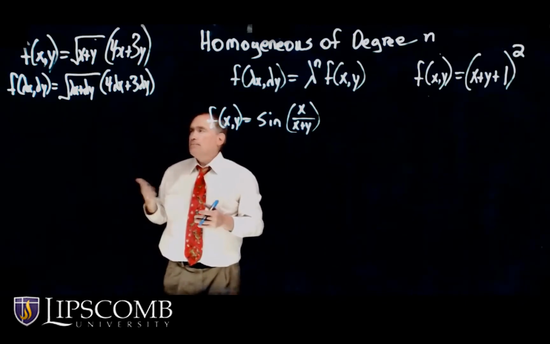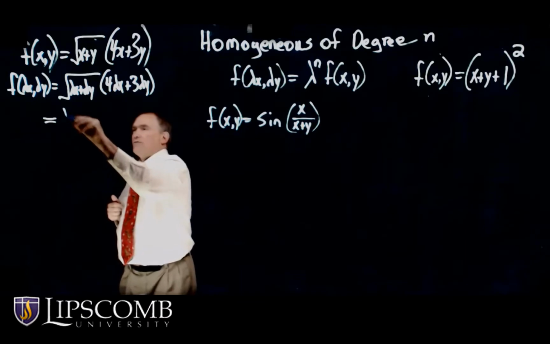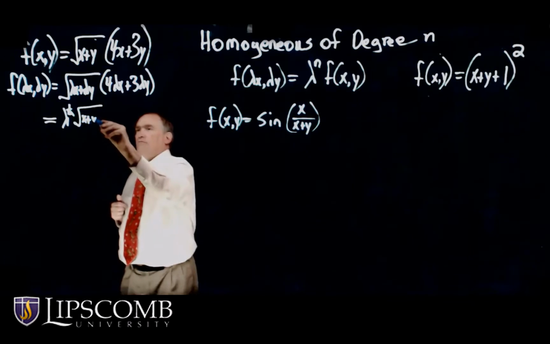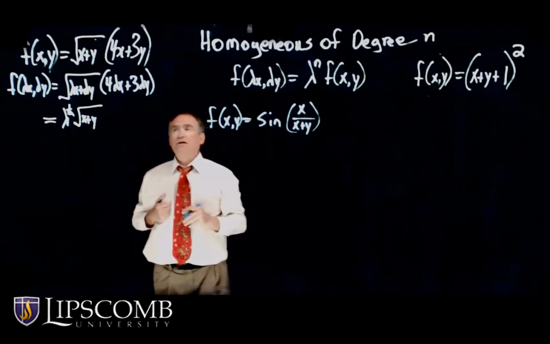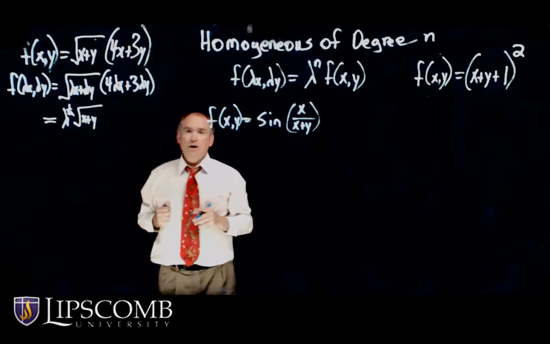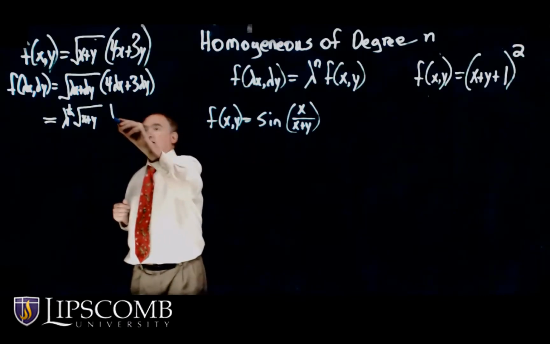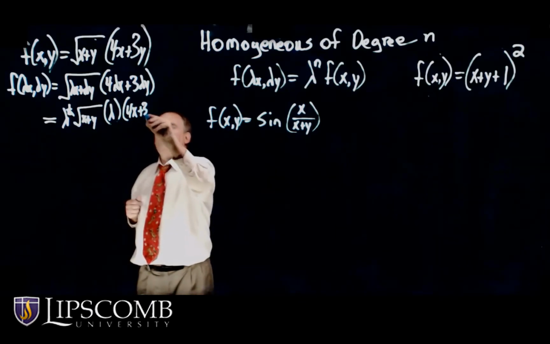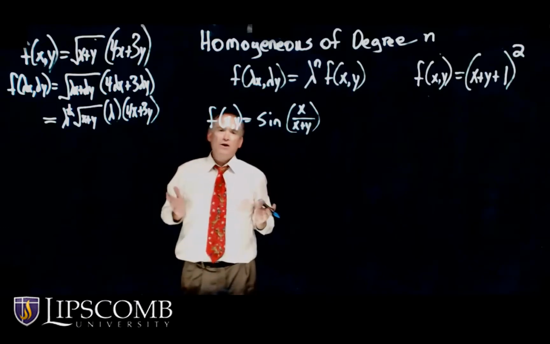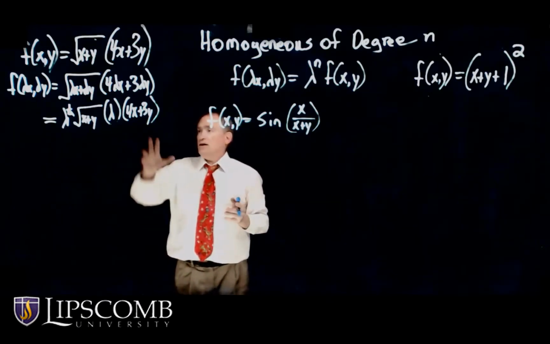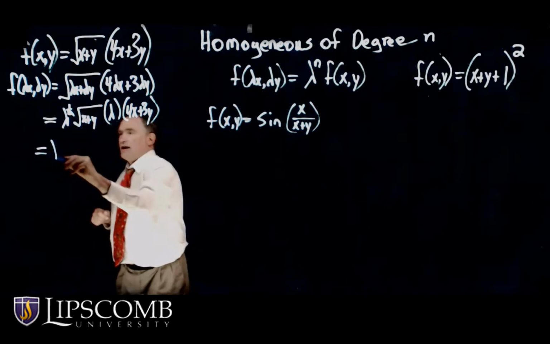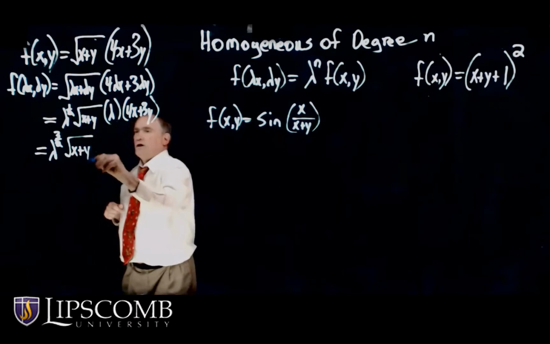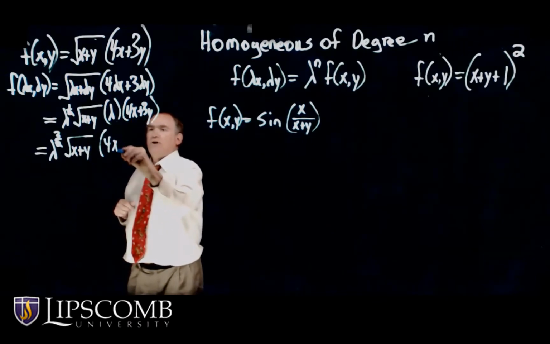Well, I notice that I can factor a lambda to the 1/2 out of the square root. I can take that out first. Then in the second part, I can factor a lambda out of it also, and I'm left with 4x plus 3y. So what do I notice? If I put these lambdas together, I have lambda to the 3/2 times the square root of x plus y times 4x plus 3y.